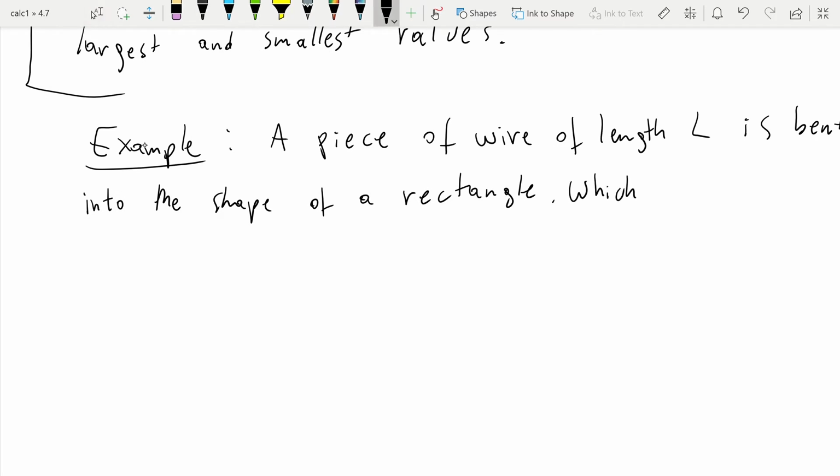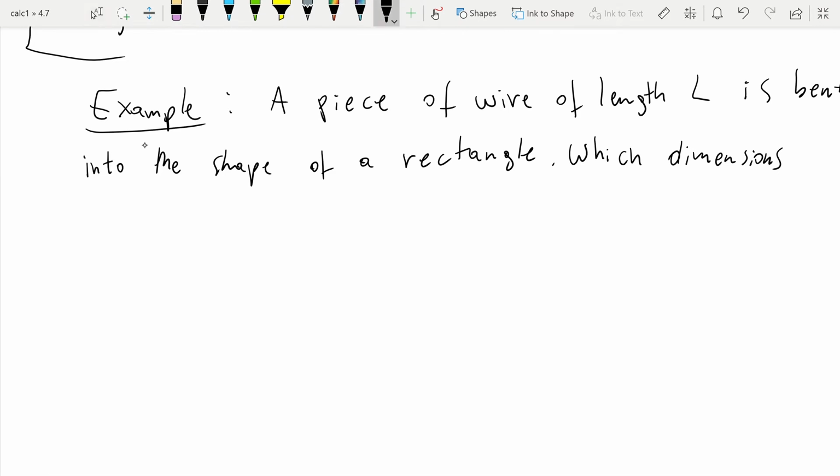So which dimensions produce the rectangle of maximum area?